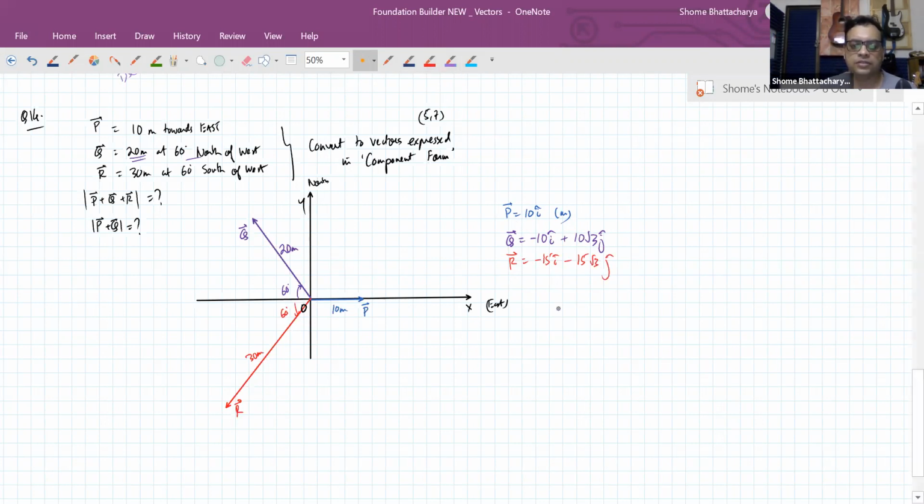So just verify this, you should be getting this. Okay, so now you can see that p plus q plus r become minus 15 i cap minus 5 root 3 j cap. So magnitude of p plus q plus r.